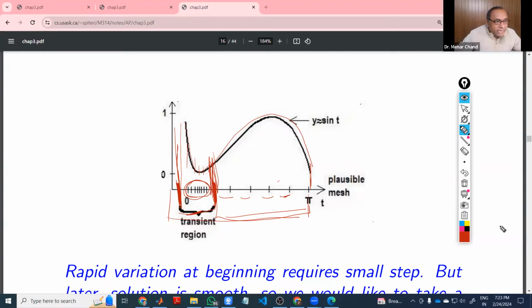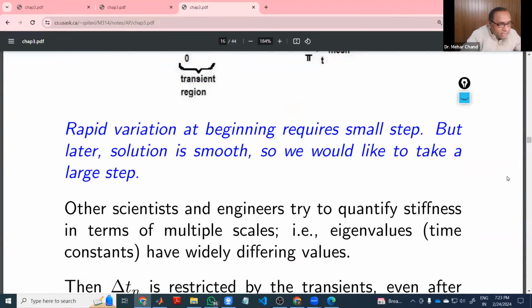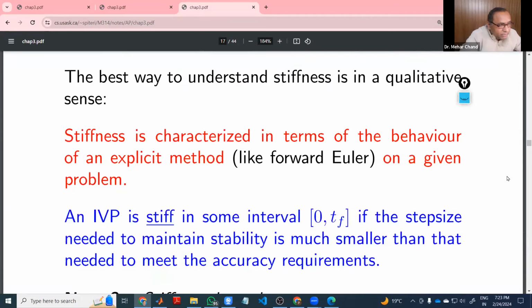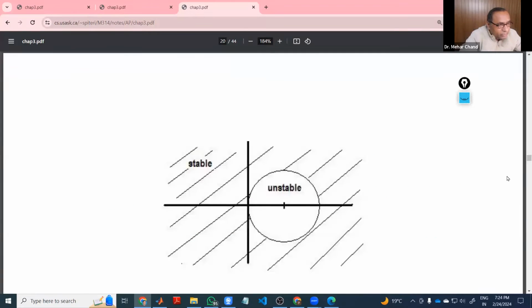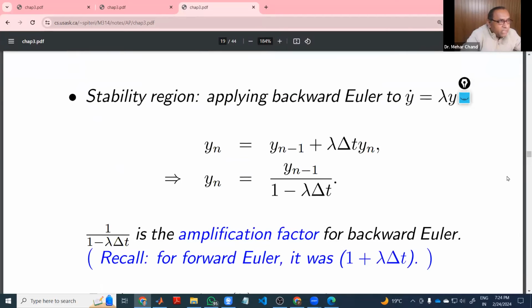Now, how can we implement this method? This is important. Come to the MATLAB, and we need this part also. One minute, backward. To check the stability region, we are given this equation: yn is equal to yn minus 1 plus delta t times f(tn, yn), and yn will be equal to yn minus 1 upon 1 minus lambda delta t.